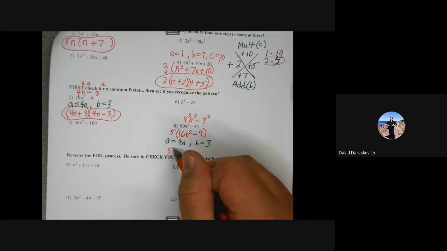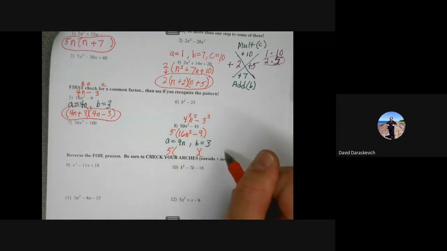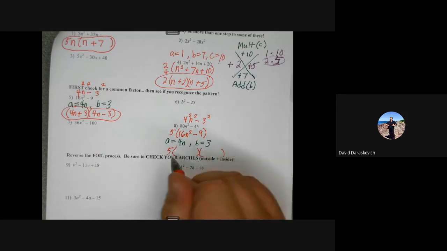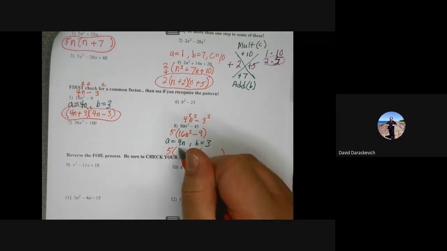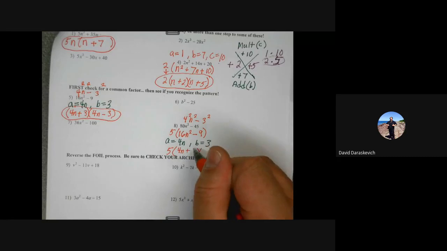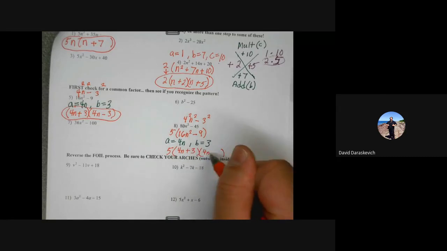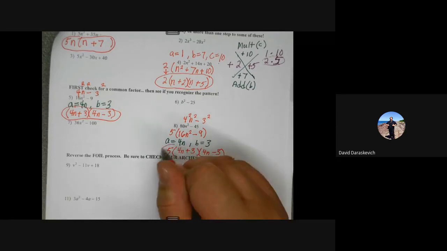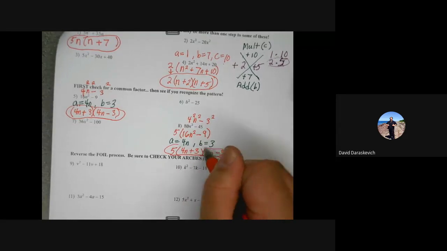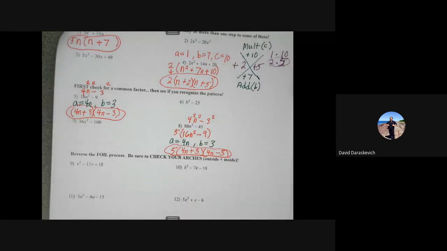Don't forget the 5, though. Well, I shouldn't say exactly, because we have a 5 out in front. 5 times 4n plus 3, times 4n minus 3.